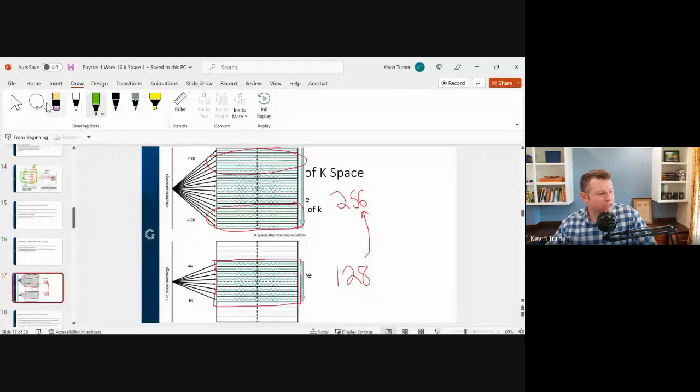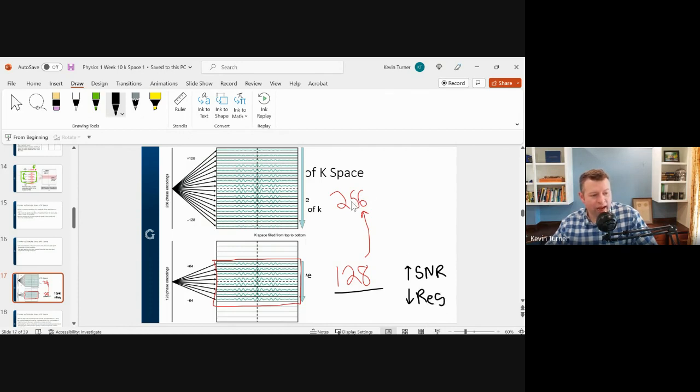So when we choose a phase matrix, if I choose a low phase matrix, then I'm going to make echoes that have more SNR, and I'm going to put them in the center of K-space, and I'm going to have an image with a high SNR. However, I didn't fill up much of the outside of K-space, did I? Which means I will have lower resolution.